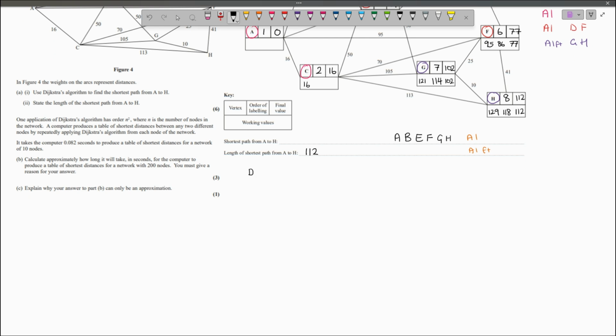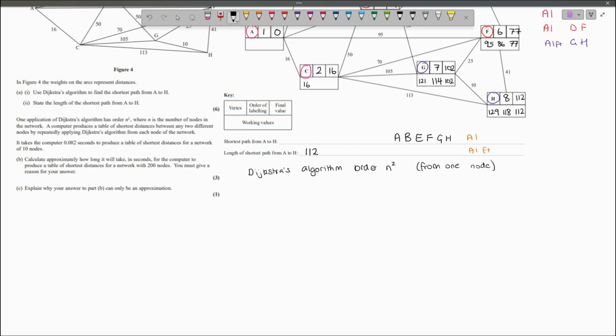So Dijkstra's algorithm has order n squared, but this is only from one node.